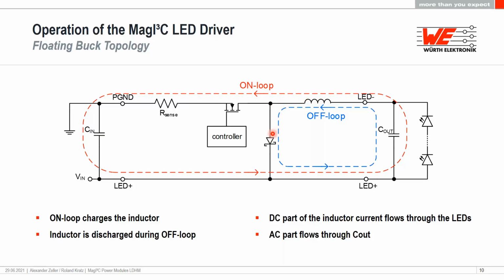So the freewheeling diode is activated, and the AC current will flow through the output capacitor, and the DC current will flow through the LEDs. It's called the flying buck topology, which has similarities with a real buck converter.